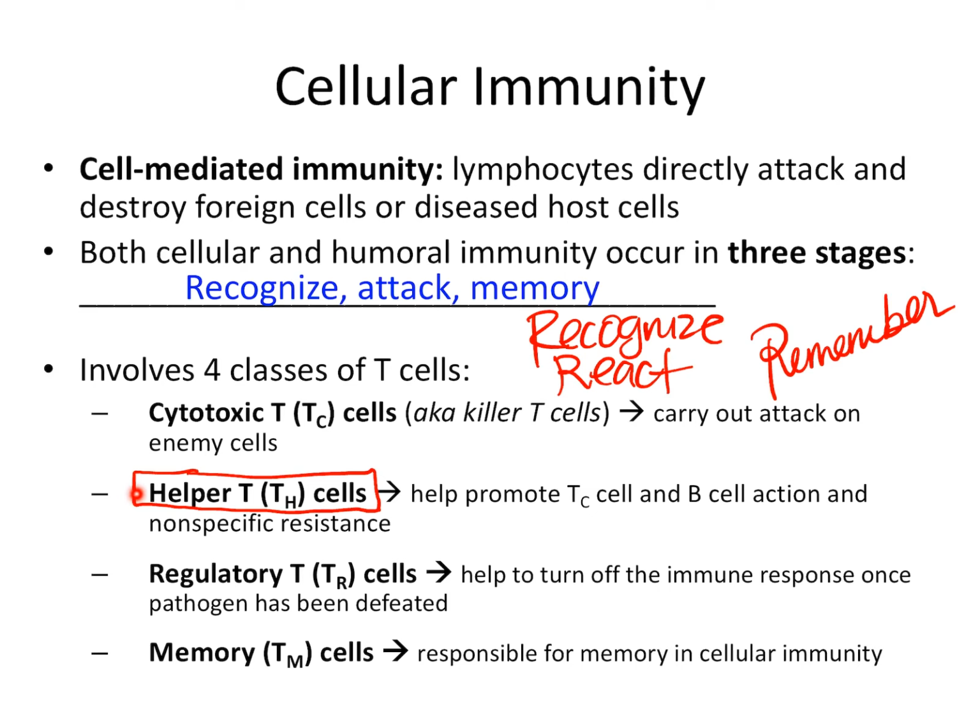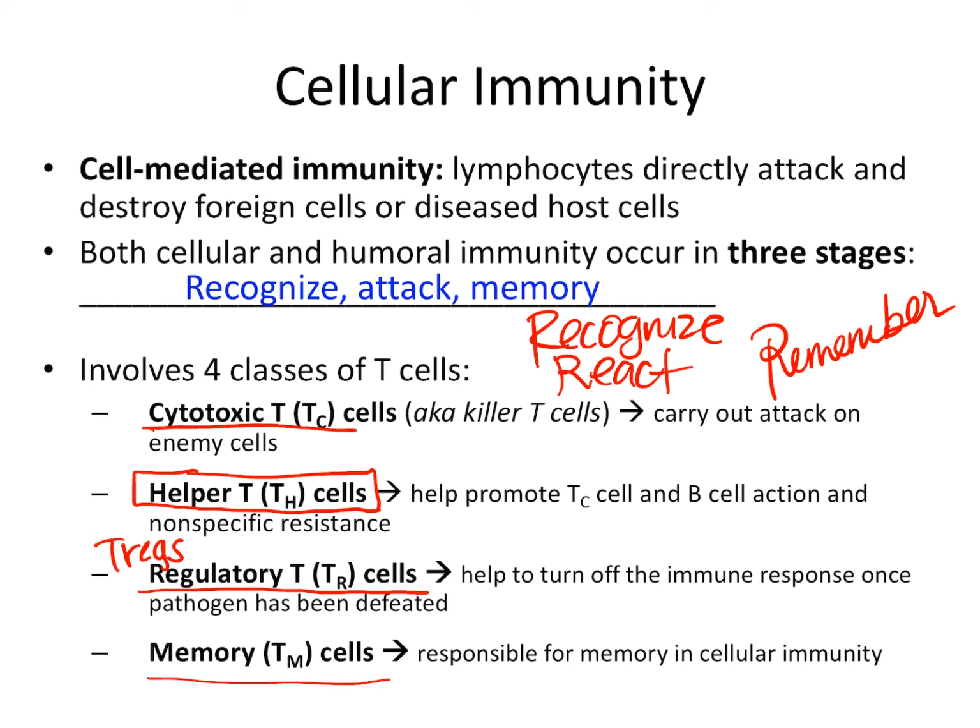So those are our helper T cells, and the other 3 types are our cytotoxic T cells, our regulatory T cells, sometimes referred to as Tregs, and our memory T cells.